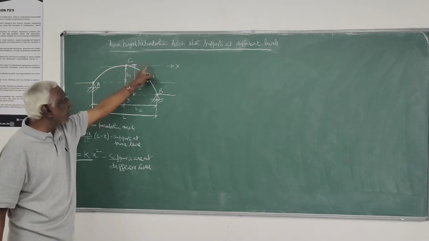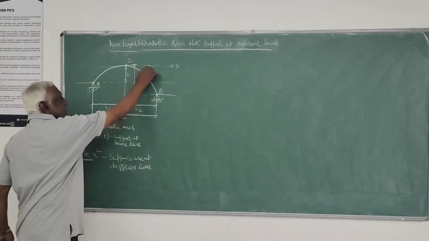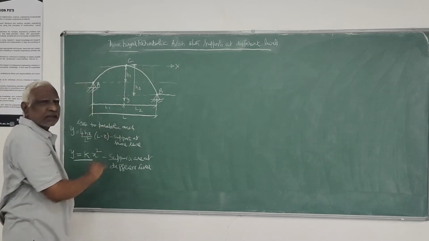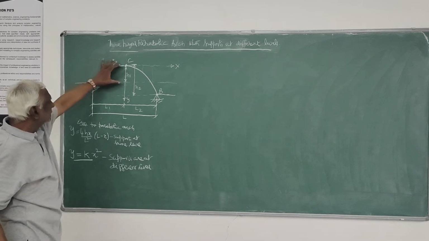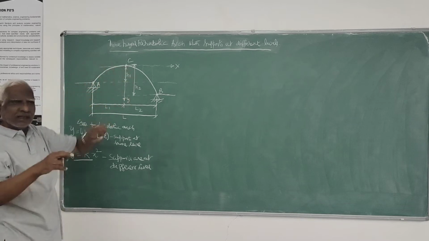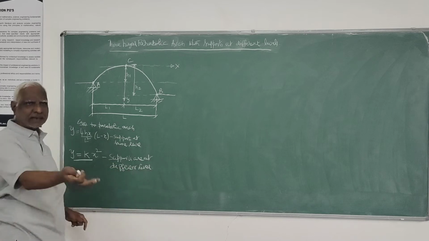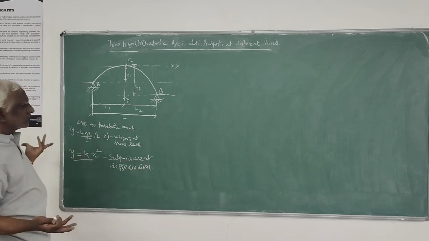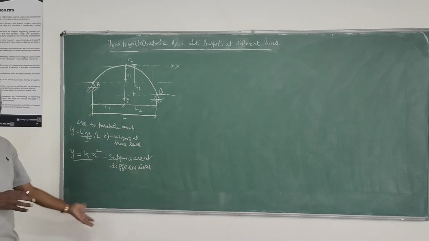At any point x, either towards right or towards left, that distance is this y. Whatever height is given in the problem, that height minus this will give you the usual y we have when they are at the same level. The rest of the thing is similar.